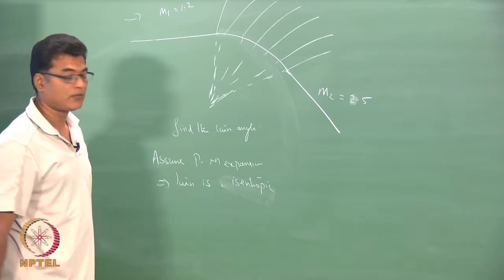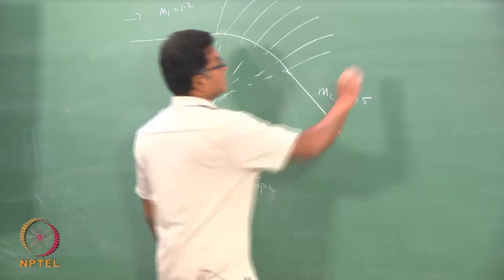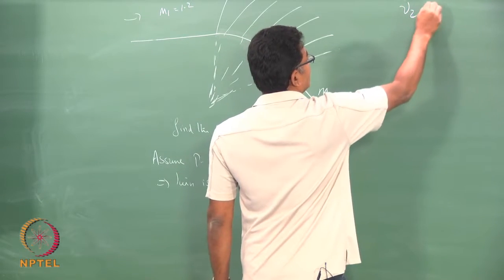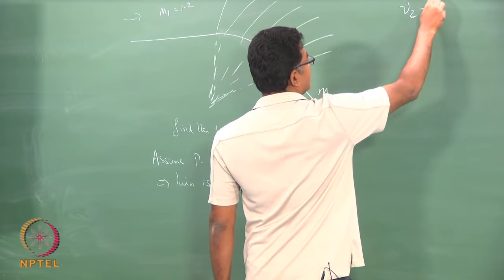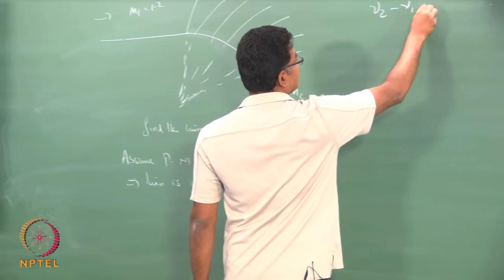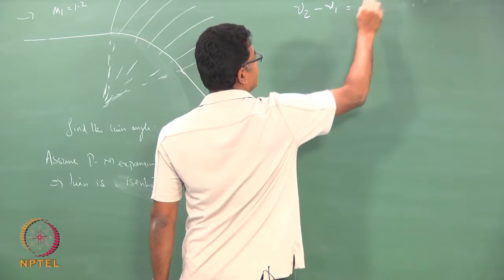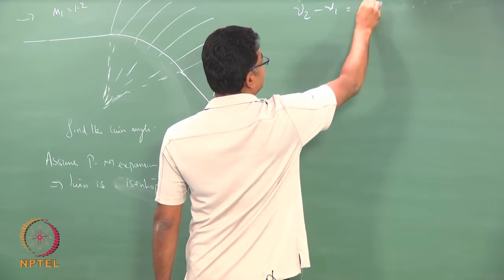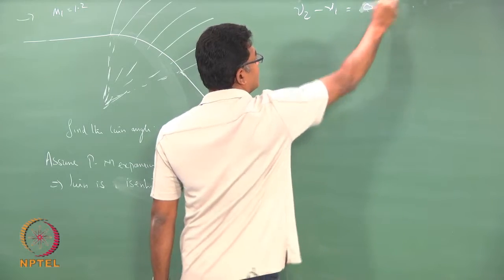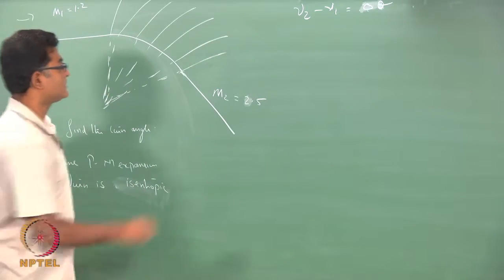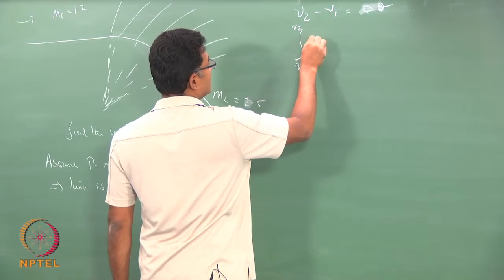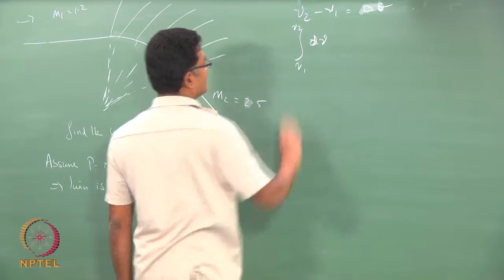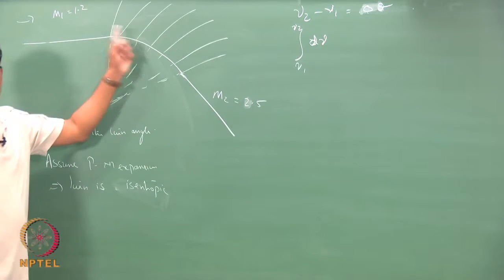Now, from whatever we have learnt, the final Mach number, because we have integrated d nu, the final values are the important quantities to get your turn angle, because you have integrated from nu 1 to nu 2 d nu, and I do not care what happens in between.